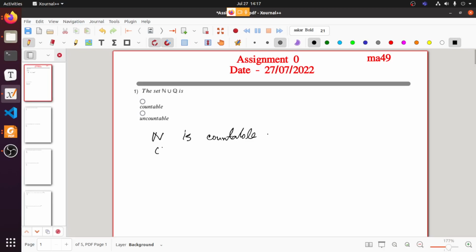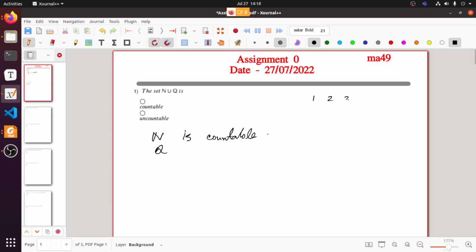And Q is also countable, meaning you can enumerate it so that there is a bijection from the natural numbers to Q. Take the positive rational numbers first.